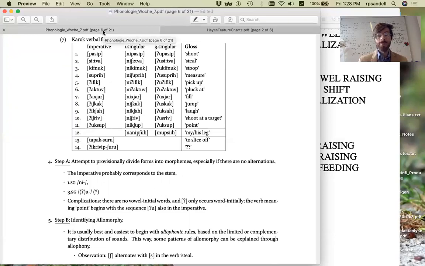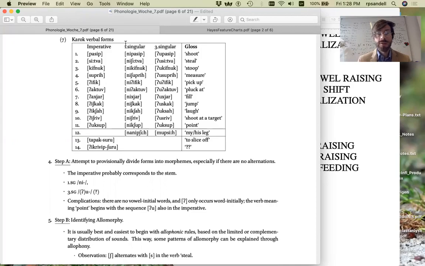So given that we have three different morphosyntactic categories, I would begin by thinking that there could be different pieces of morphology added in these different categories. When I look first at the column corresponding to the imperative, I don't see any commonalities in terms of something that I could identify as a prefix or a suffix or infix very easily. So I'll assume here that probably the imperative maybe just corresponds to the verbal root, the inflectable verbal stem.